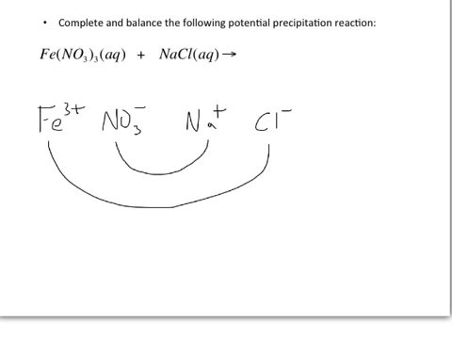My products are FeCl3, because iron has a +3 charge and chloride has a -1, so for the resulting compound to be neutral, it's got to be FeCl3. And sodium and nitrate are +1 and -1, so they would form NaNO3.